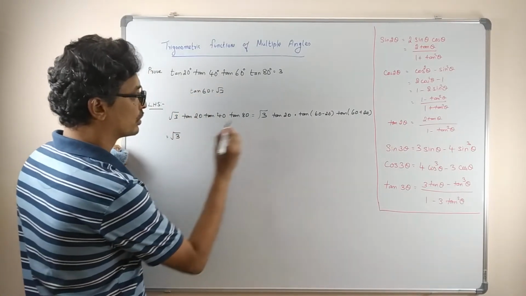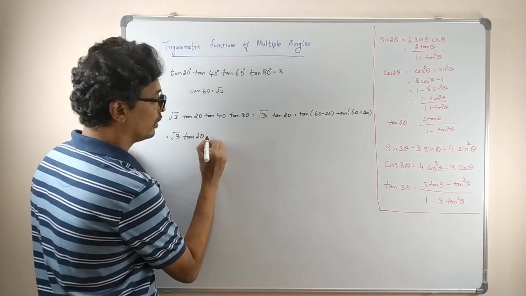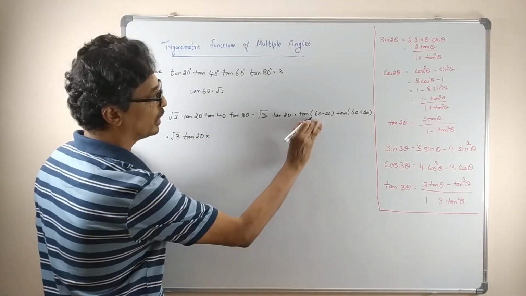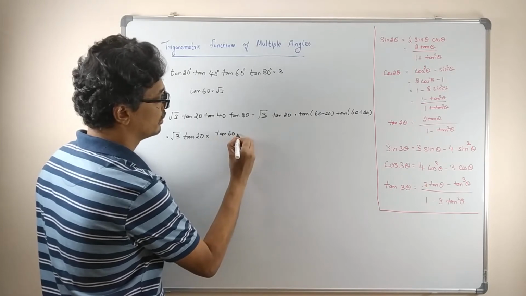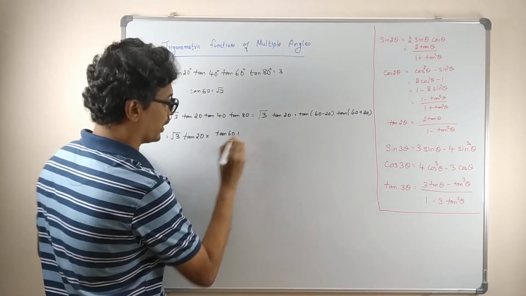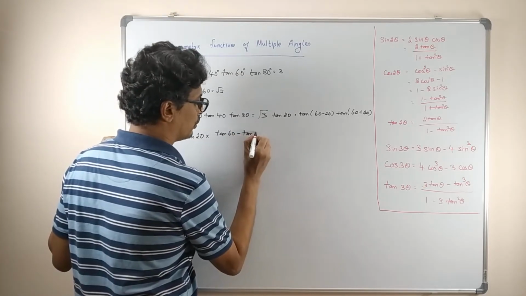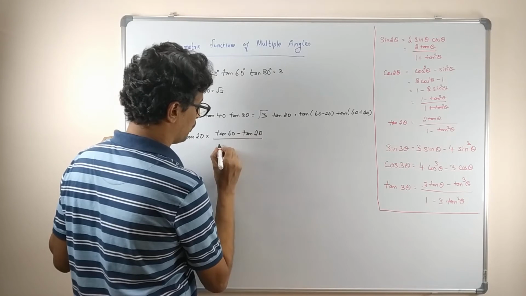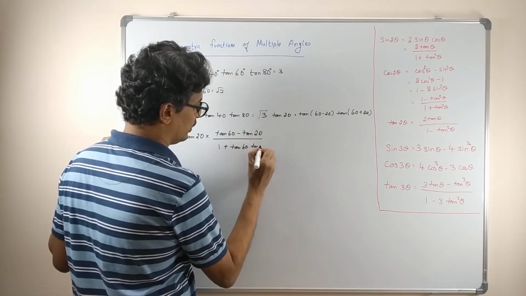Okay. So root of 3 tan 20 into, this will be what? Tell me. Tan 60 minus tan 20 divided by 1 plus tan 60 tan 20.